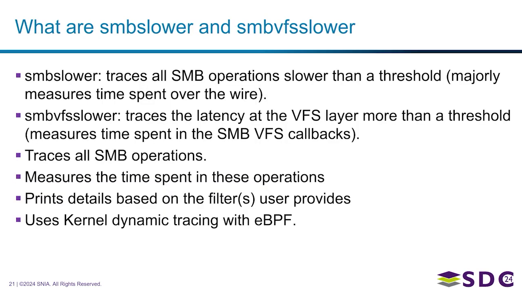As I mentioned, SMB slower tracks all the SMB operations, and it measures the time spent in each operation, and it prints all the details, which operation took how much time. It is also configurable, like you can specify the threshold after which you want to trace a specific operation.